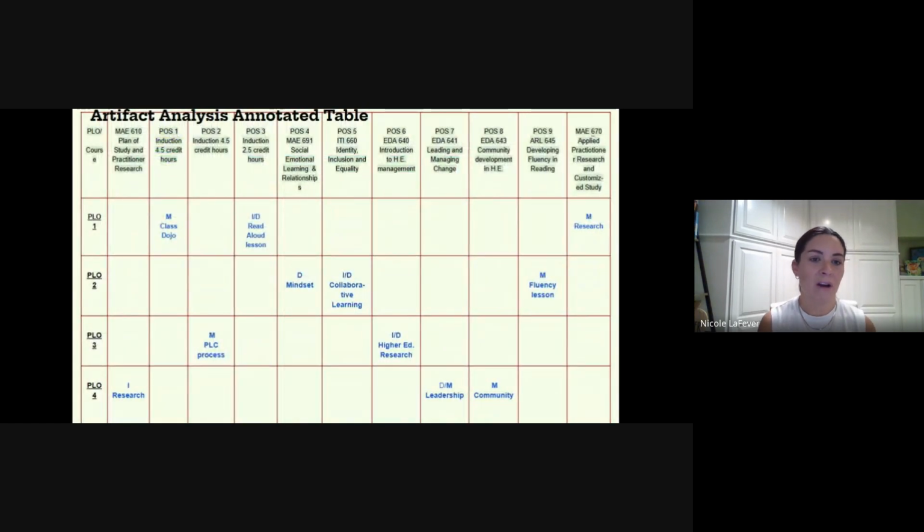So here's my artifact analysis table with the bookends being right here, the MAE 610, as well as going all the way to the MAE 670.